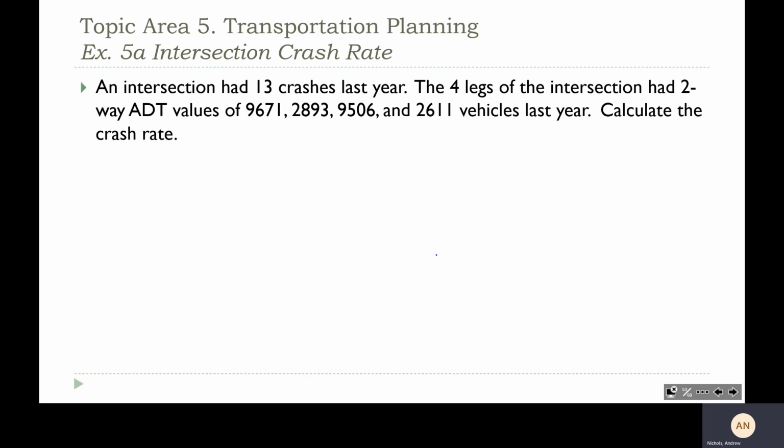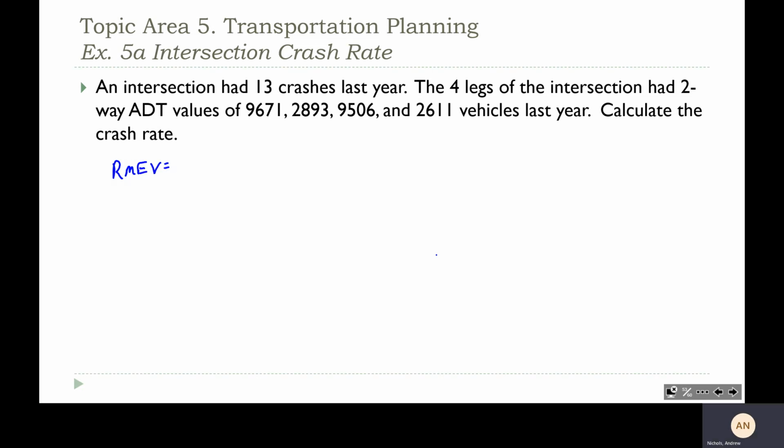So at an intersection, we had 13 crashes last year. The 4 legs of the intersection had two-way ADT values given here. We want to calculate the crash rate. So we know that this is an RMEV, because it's an intersection.